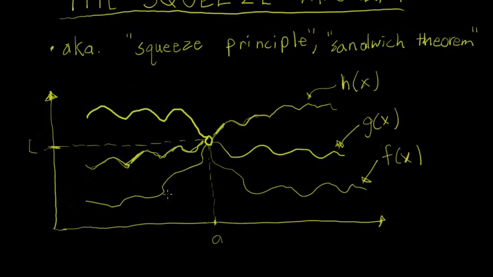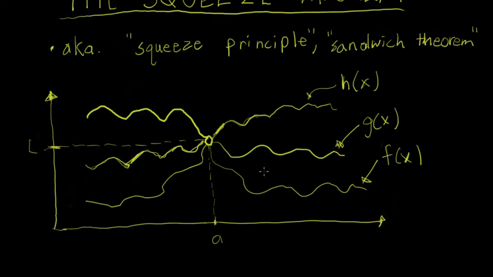if two functions, in this case say f of x and h of x, approach the same limit as x tends to a, then any function that's between these two functions near x equals a approaches that same limit.